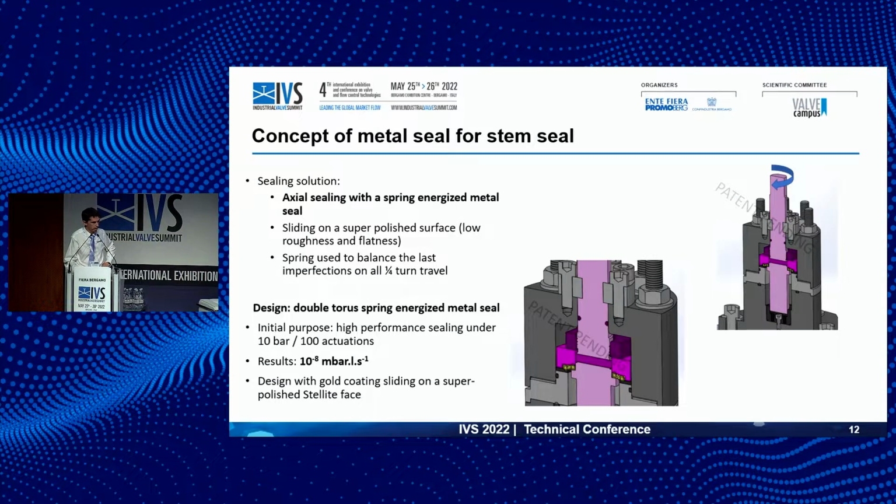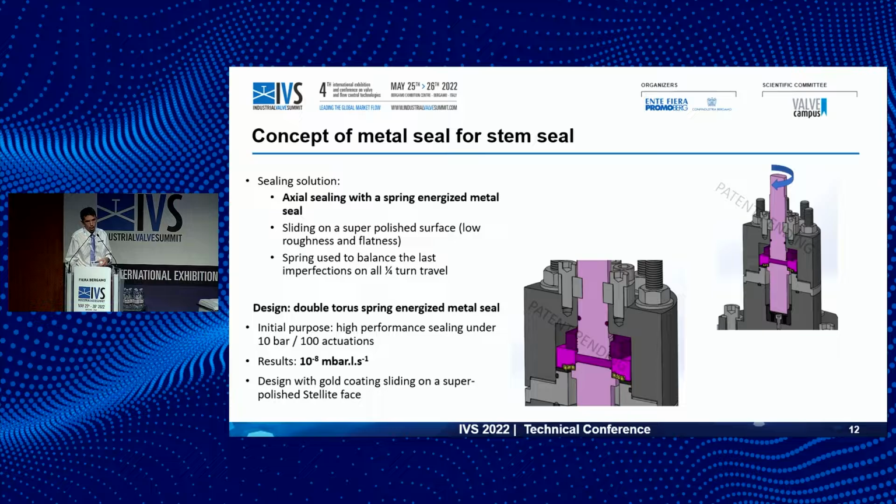So you slide on the polished surface. Of course, there is a little bit of relief on the surface, so there is a spring inside the seal which is going to balance the uncertainty of the surface.